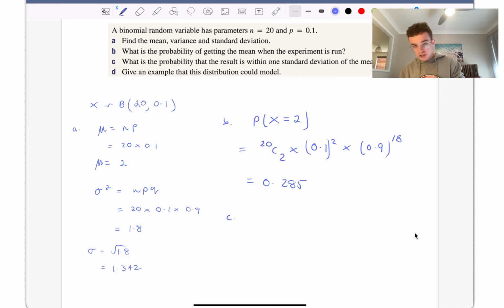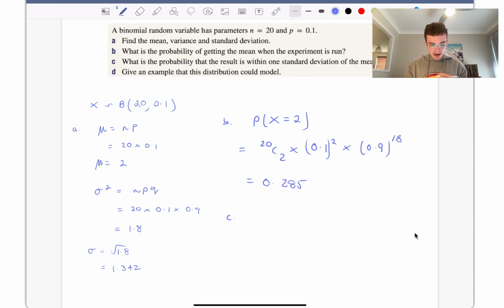Now, if it was a normal distribution, you would just use your 68, 95, 99.7 rule, I think that is. But the parameters are not large enough for this to be a normal distribution. Soon we're going to look at how large our parameters have to be so that a binomial distribution becomes a normal, but in this case it doesn't quite.